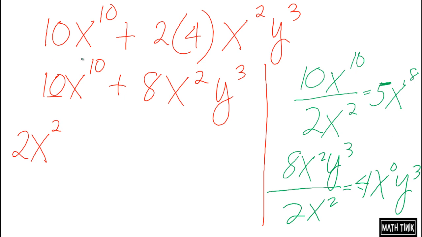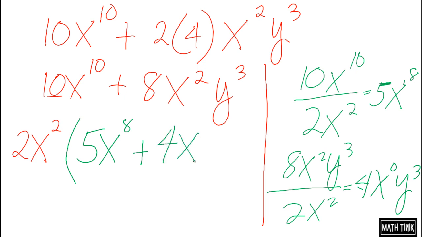So, dito, ang gagawin mo, to your final answer, you will just have to draw a parenthesis. Ito yung na-factor out mo. Tapos, copy mo lang itong dalawa. So, let's copy 5x raised to 8, which is this one. Tapos, of course, that's plus. Then, copy plus, and copy this one. 4x raised to 0 times y raised to 3.